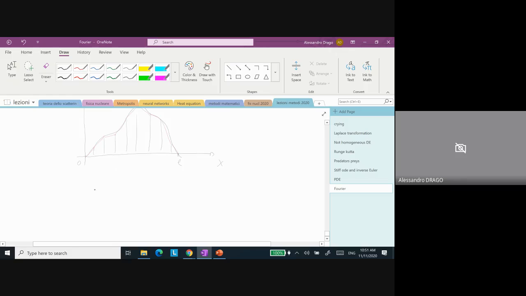if I write this integral between 0 and L, k of x, and I have this object here, d phi i over dx, d phi j over dx, dx, it is clear that this is not diagonal, but is almost diagonal. Why is it almost diagonal? Because each of these functions is different from 0 only on a very limited range.